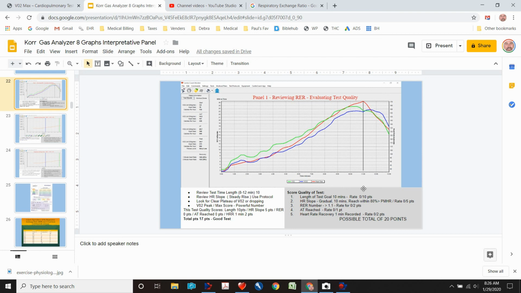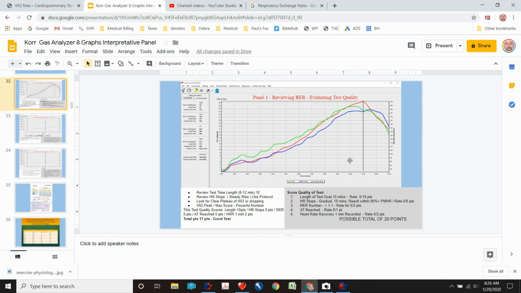So if we had someone that did a great heart rate slope, and the length of the test is good, they got 15 points, but they didn't really get an RER above 1.1 or greater, then we would maybe give them 1 point or 0 points. So they would have somewhere here by level 3, 15 to 16 points.